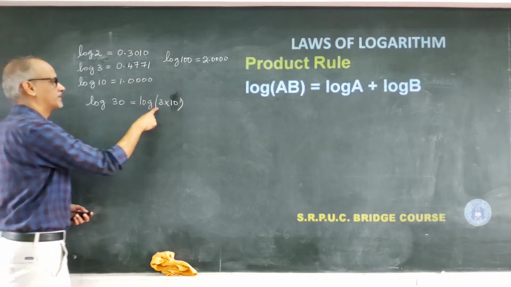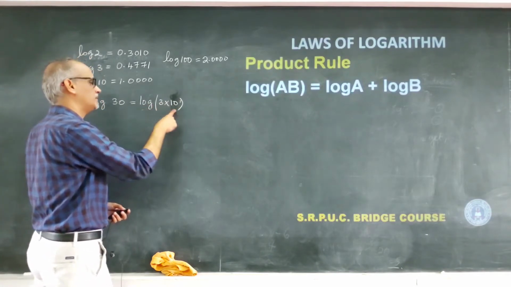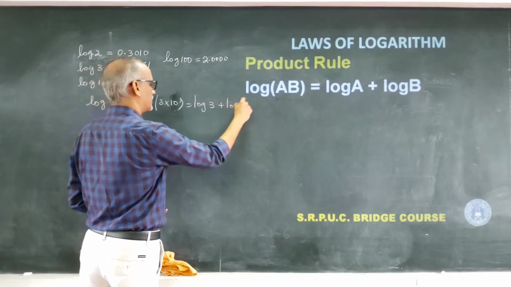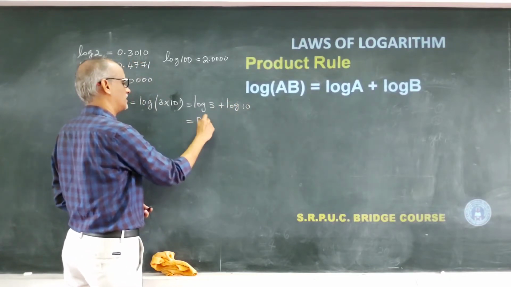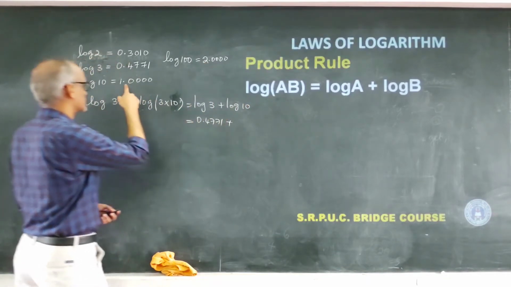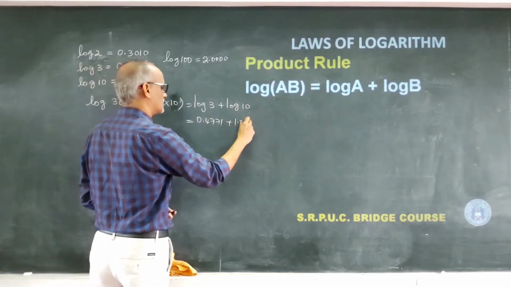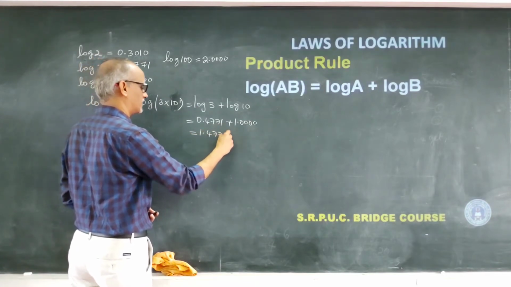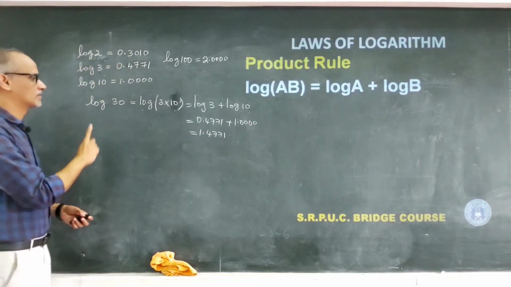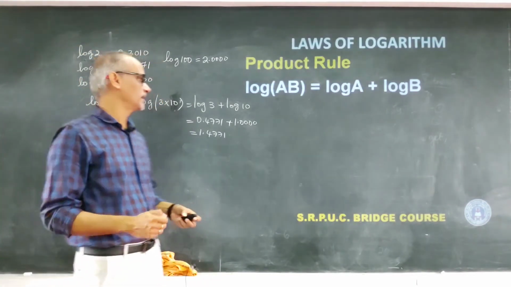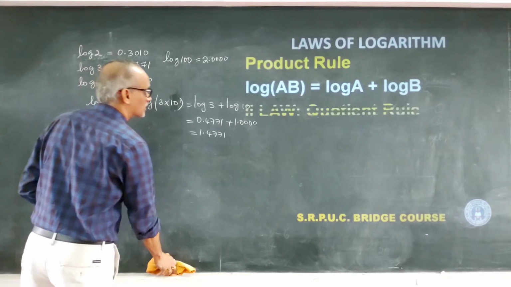Log A into B is log A plus log B. Log 3 is 0.4771. Log 10 is 1.000. Add them, we get 1.4771. So this is the value of log 30. Hope you have understood how to apply the product rule.